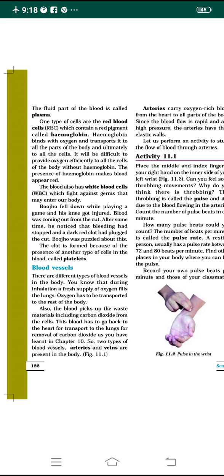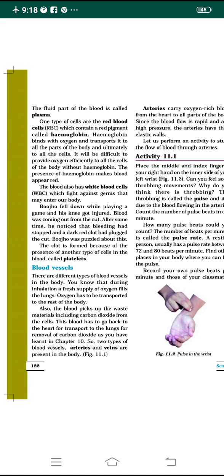You might have felt this. Sometimes when you are playing in the ground, playing any number of games, suddenly one of your friends falls down and gets a bleeding injury. When the injury happens, the blood automatically oozes out of the cut. What happens after some time? We see a dark red clot which has plugged the cut.